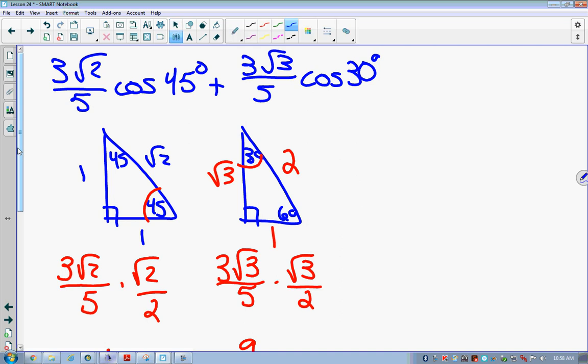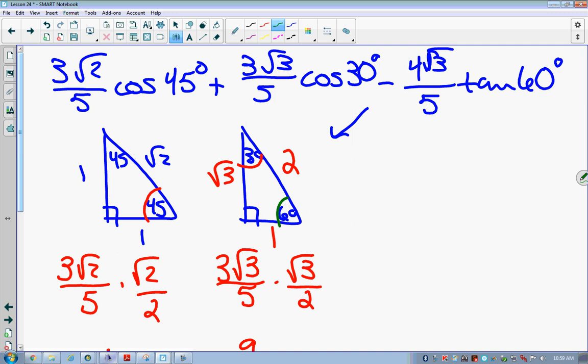Minus 4 radical 3 over 5 tangent 60 degrees. Okay? So, I mean, I could even go back and just use that guy right there, couldn't I? I don't need to redo it. Okay, but this time we want tangent of 60.